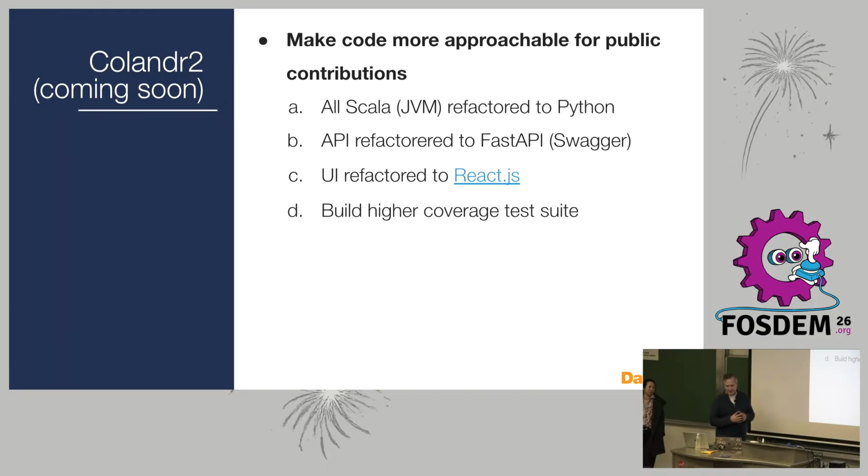So we've refactored that entire backend to Python, something that can be used. We've also, as you saw, that's the brand new API. We've refactored the API to FastAPI, which used to be called Swagger. And we've rebuilt the front end in React.js, which is one of the most popular JavaScript languages. So should be easy to contribute.